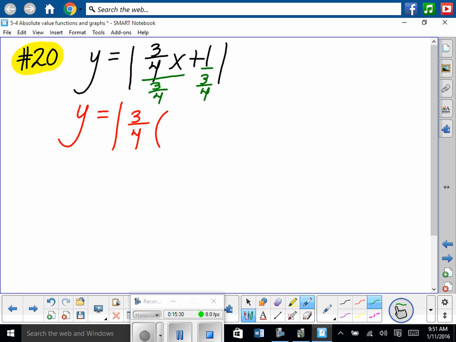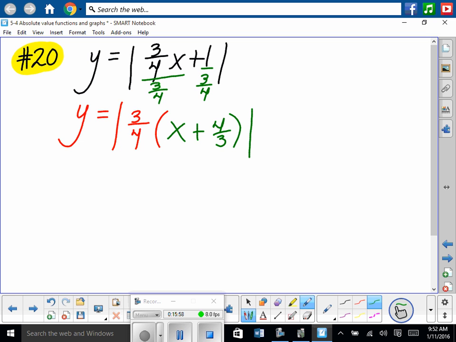So I'm going to divide each term by 3/4. Does everybody see what I'm doing here? So 3/4 x divided by 3/4 is just x. What's 1 divided by 3/4? Let's say you don't know. Take your calculator, type it in: 1 divided by parentheses 3/4. Hit enter, you get... change it back to a fraction. 4/3. So we have x plus 4/3.